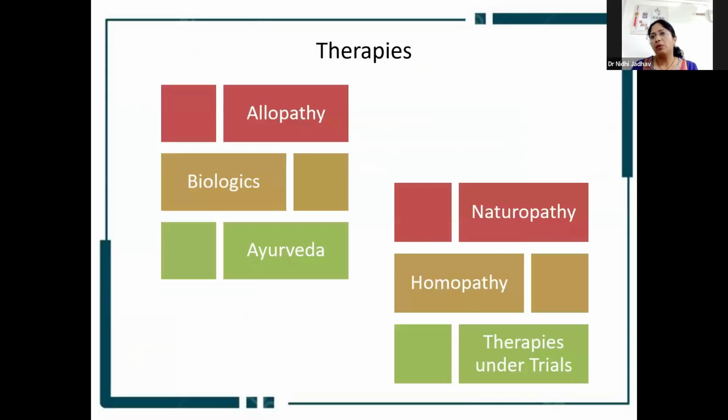Now, coming to the therapies. Now, as dentists, we usually follow the allopathic protocol of medications, that is the pharmacological treatment. Apart from there, much has been discovered in relation to biologics, a few points in Ayurveda, naturopathy, homeopathy, and also there are some therapies which are under trial, which I'm going to explain in the further slides.